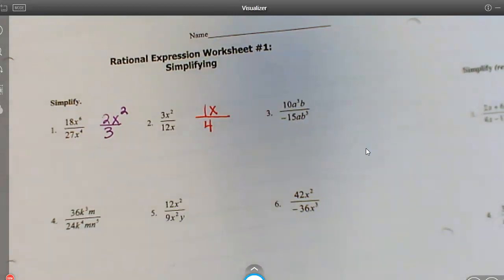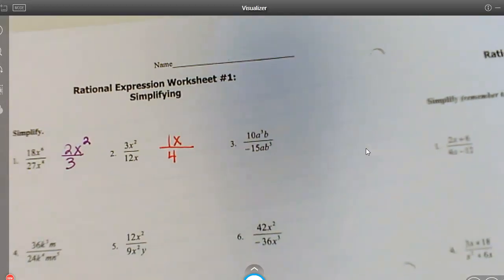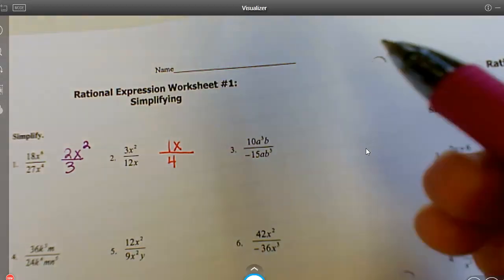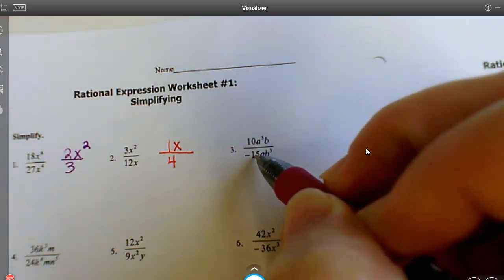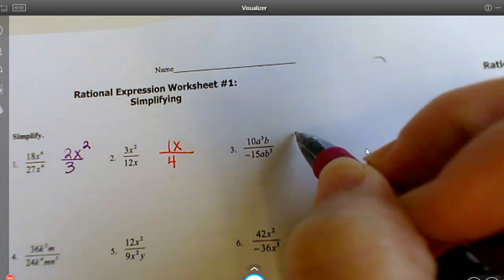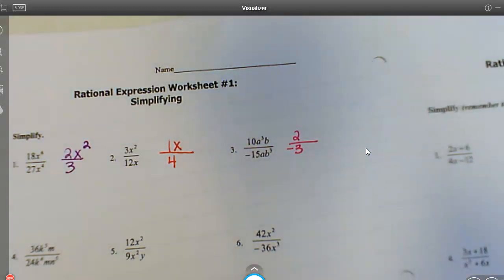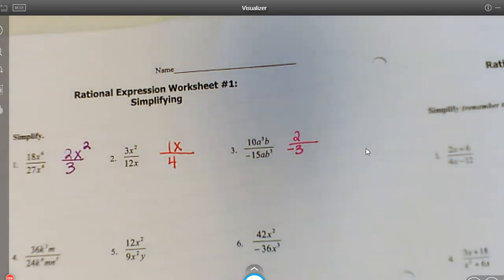Look at number 3. Number 3 starts with 10 and 15. There's a negative, but don't let the negative bother you. It can just stay. So we do 10 over 15. When that reduces, it's 2 over 3. And then you just put a negative. Then you do the a separately and the b separately. On the a's, there's 3 on top, 1 on the bottom.